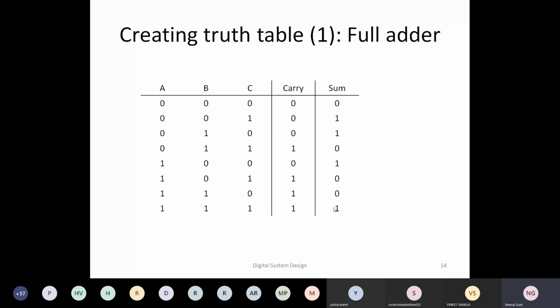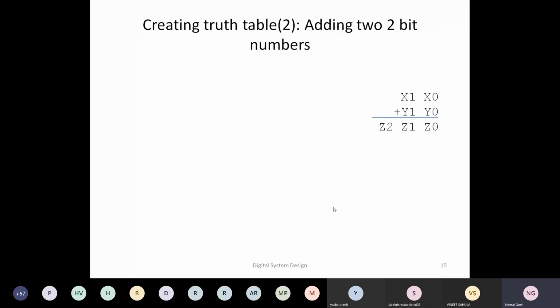Let me take a little more complex example. Let's say I want to add two 2-bit numbers. My output is a 3-bit number. Let's say my first number is x0, x1, and the other number is y0, y1. I want to add them, so the output would be, of course, a 3-bit number, Z0, Z1, and Z2.